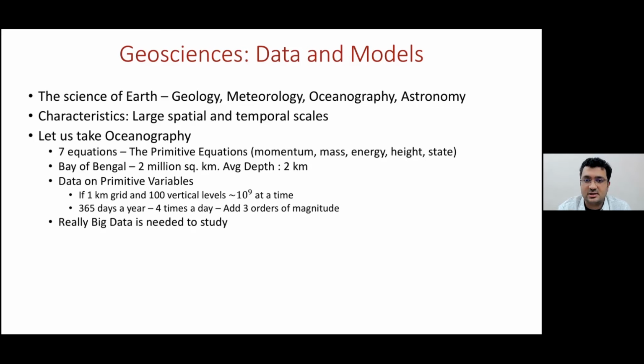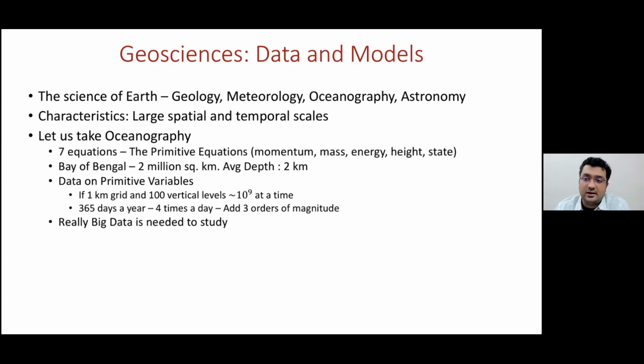Let's just take U velocity. I need 10 to the 9 data points. Now UVW, then pressure, salinity, temperature, wave height, and density, all of these variables. Put all of that together, and I'm looking at 10 to the 10 dimensional data, and this is just one time snapshot.